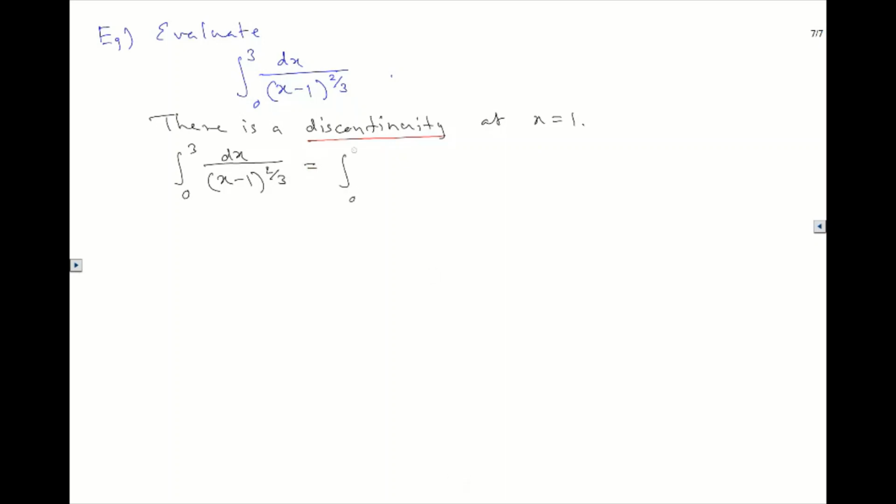So it is the integral from 0 to 1 of dx over (x minus 1)^(2/3) plus the integral from 1 to 3 of dx over (x minus 1)^(2/3). Now we can use the definition, and so let's consider the first integral.